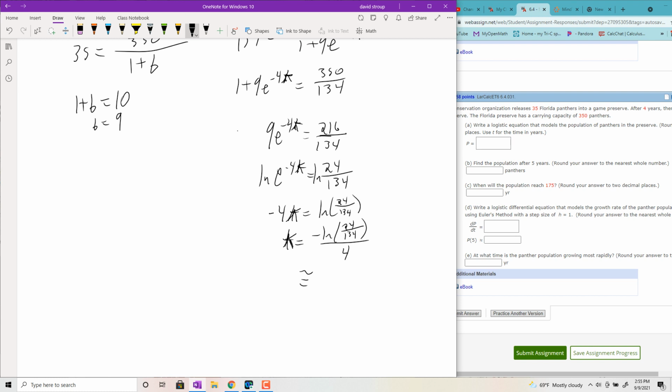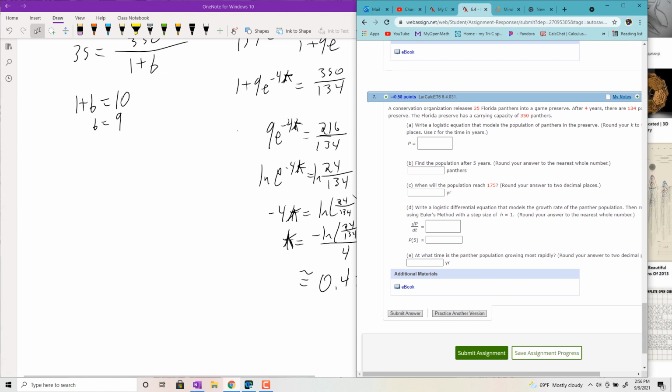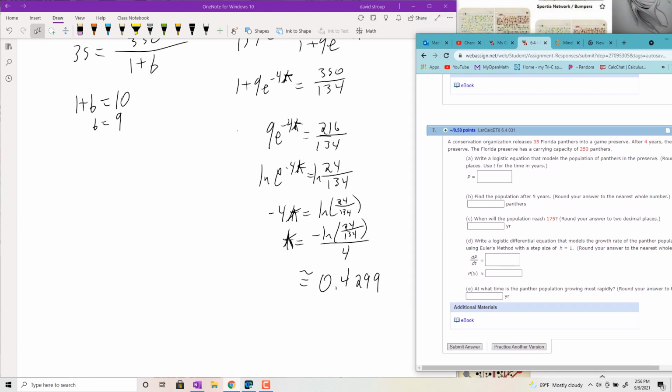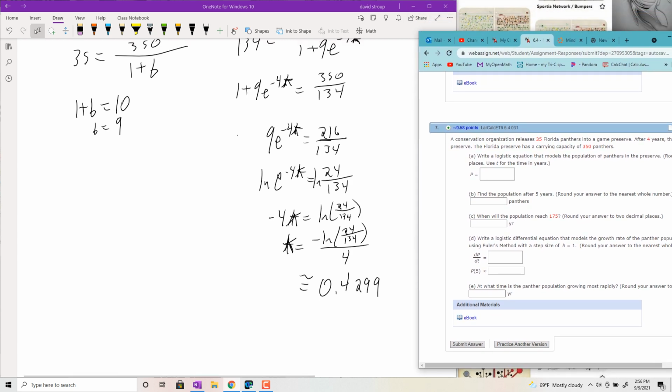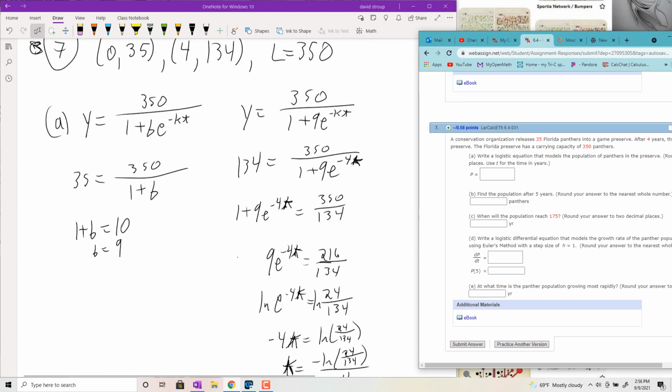So ln of 24 over 134, divided by negative 4, is 0.4299. Is it 4 decimals? Yeah. Okay. Then we can rewrite our equation using that.